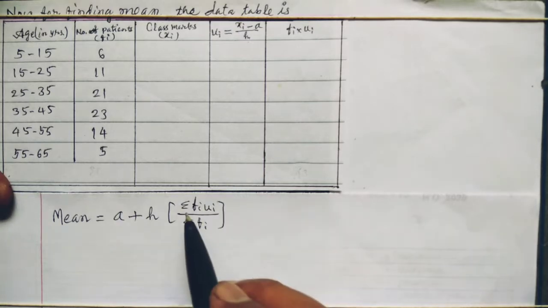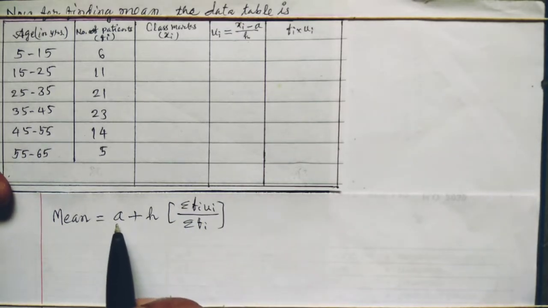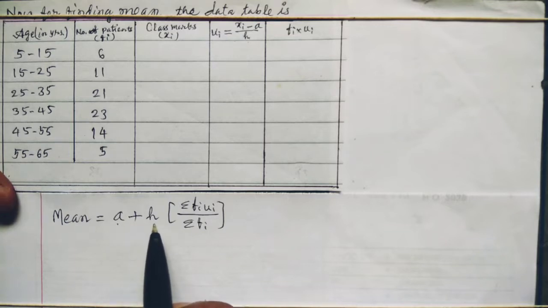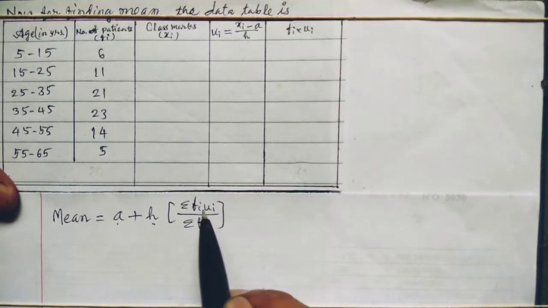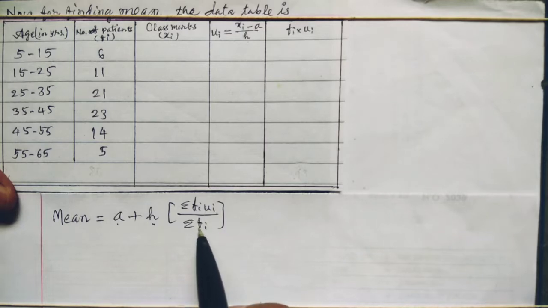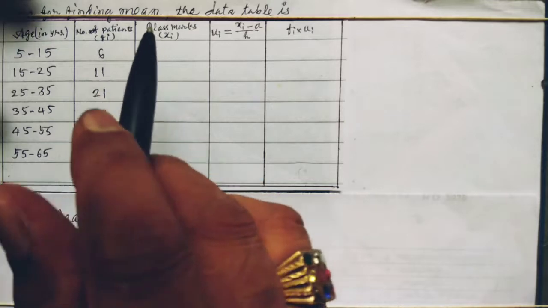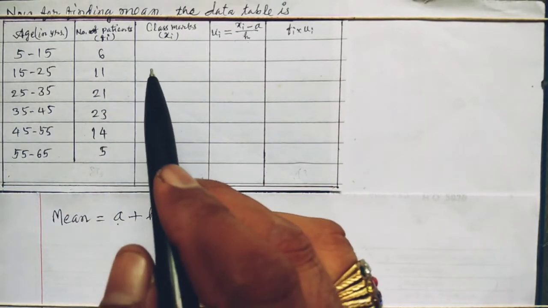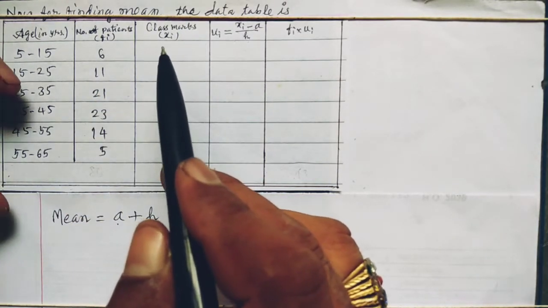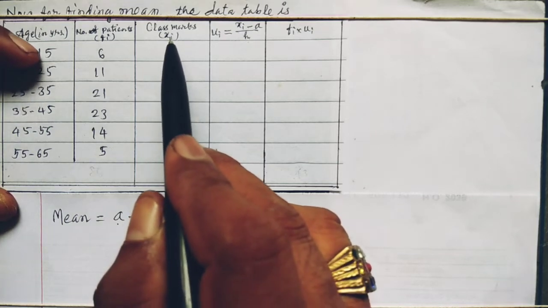To find it by the short deviation method, we need the assumed value, the height of the class, which means the size of the class, and sigma fi ui by sigma fi. So that's why we have to prepare this table. Now let us find one by one.